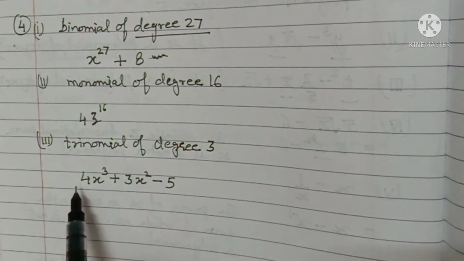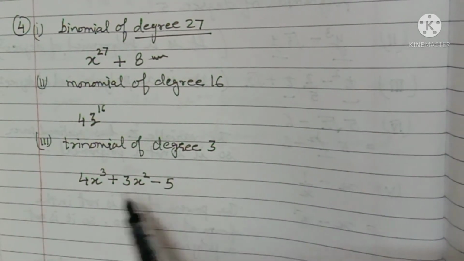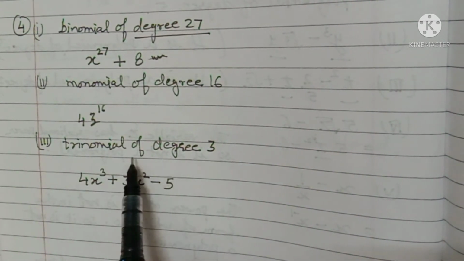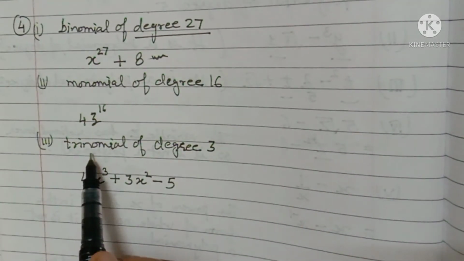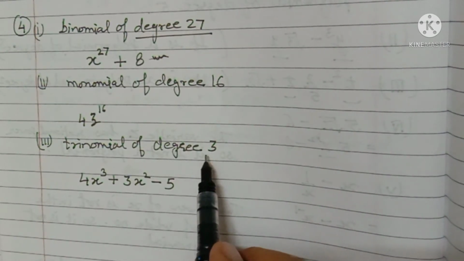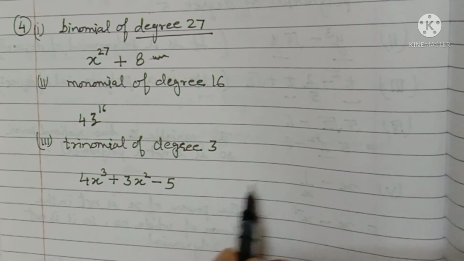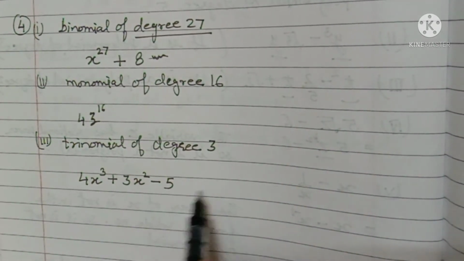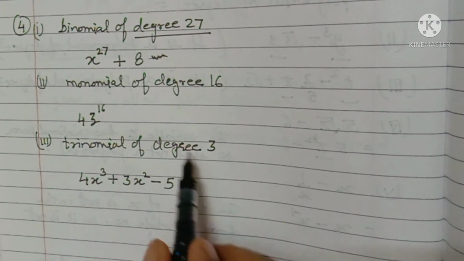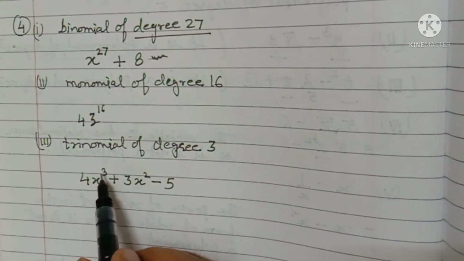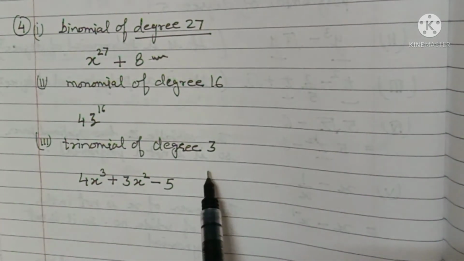You can write your own, but it must fulfill the condition that it is of degree 3 and a trinomial. If you are writing your own, it should be a trinomial with 3 terms, and degree 3 means the highest power of the variable is 3. So this is question number 4.